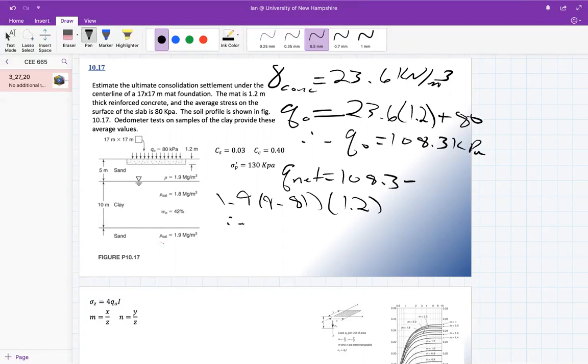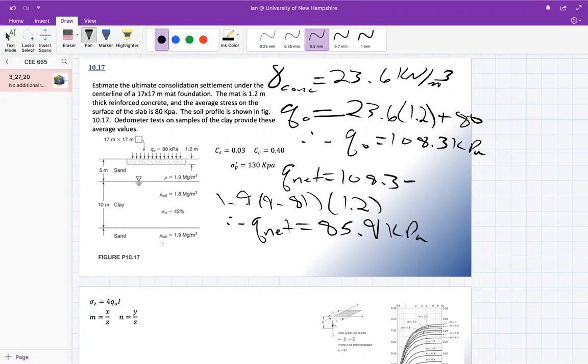So therefore, our net load equals 85.9 kPa. So there we go. We've officially started this problem.